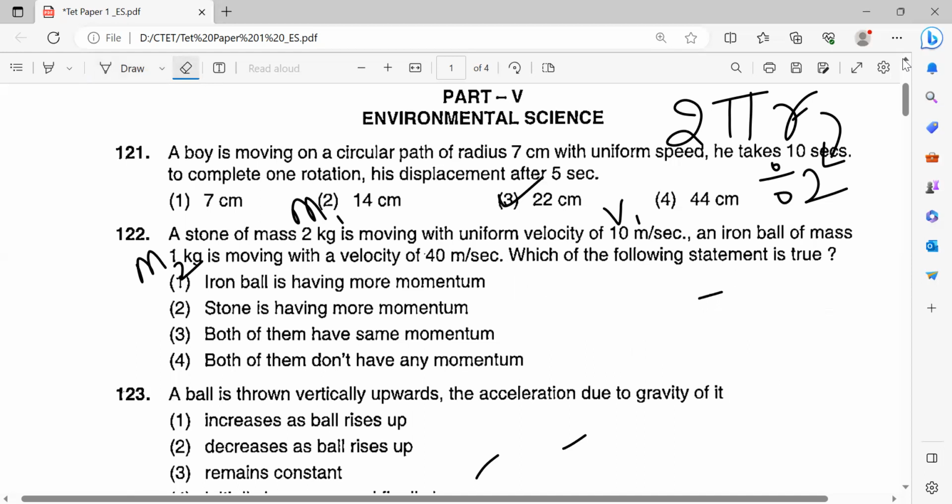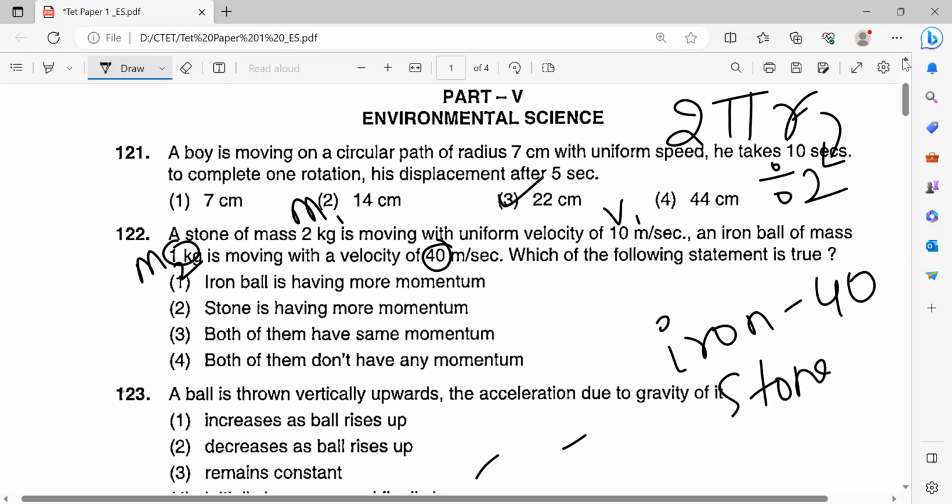In the same way, for the iron ball, m into v: m is 1 and v is 40. So the momentum of the iron ball will be 40, and the momentum of the stone is 20.